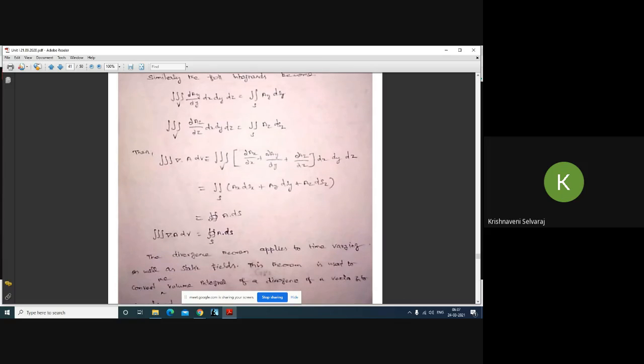We know that Ax, Ay, Az come under a vector. These three surfaces or areas are grouped together to make the closed surface for that region, so we can simply denote that as dS. So I can write this as A dot dS. The volume integral of the divergence of that vector field is equal to the surface integral of the normal component of the vector.